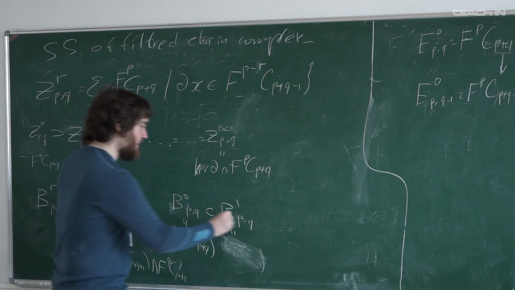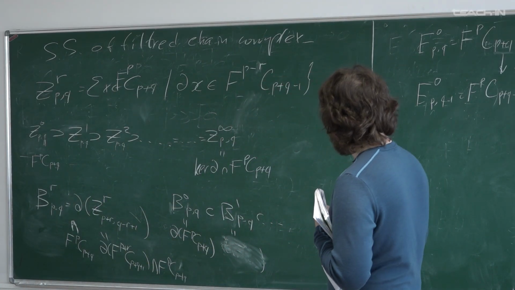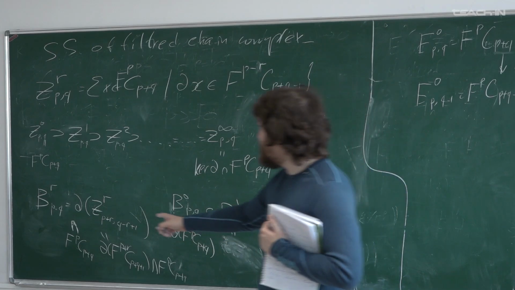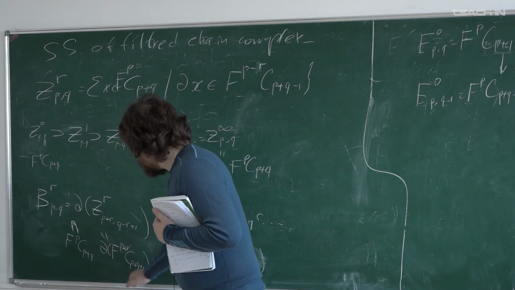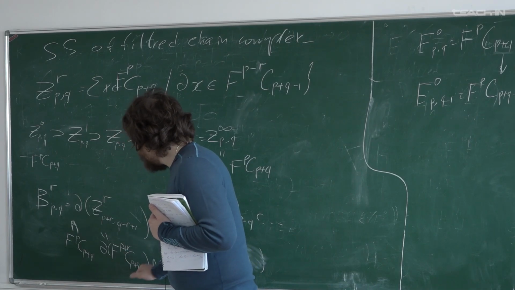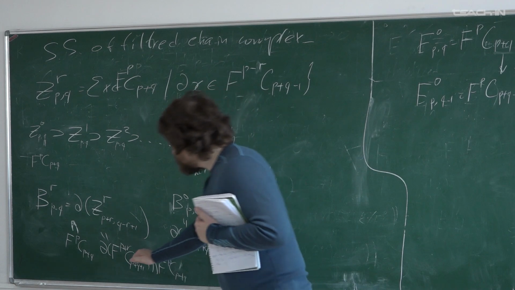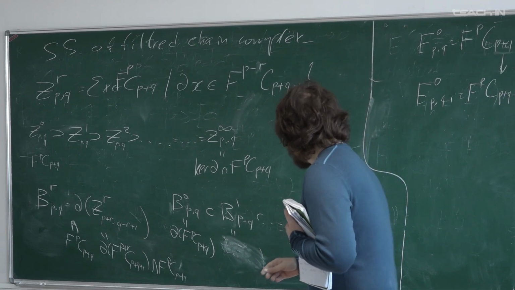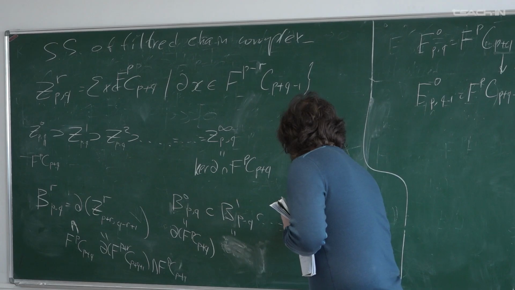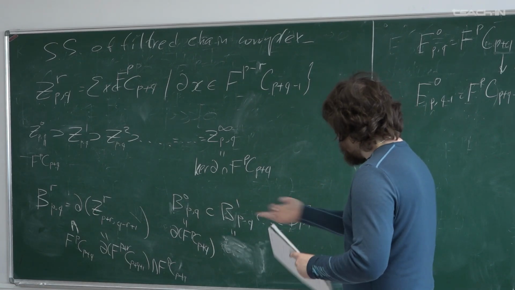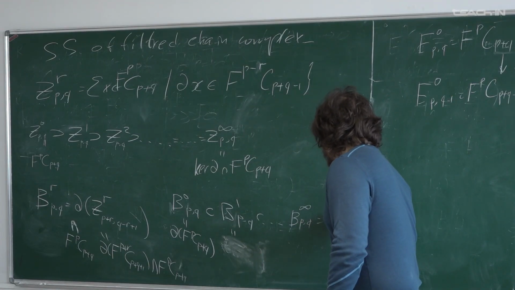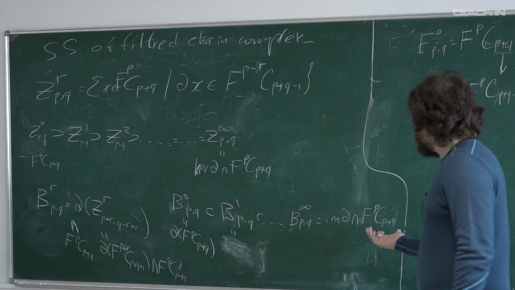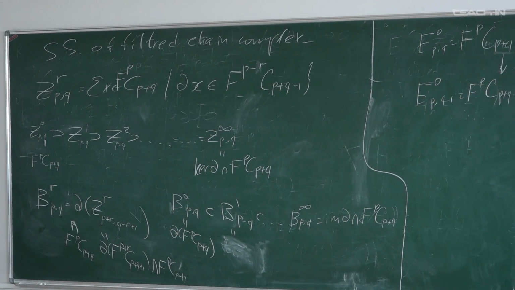Okay? And so I have these inclusions, and again from locally finiteness, for big enough R, my filtration in this fixed degree is just the whole chain complex component, and so I obtain B infinity^{PQ}. It is just the image of D, boundaries which are also in our P filtration, because I want to be in my P filtration.